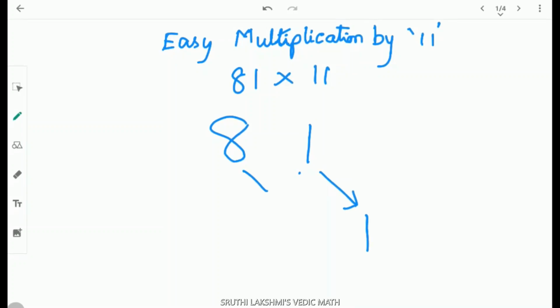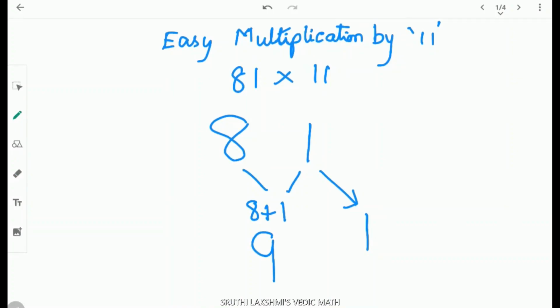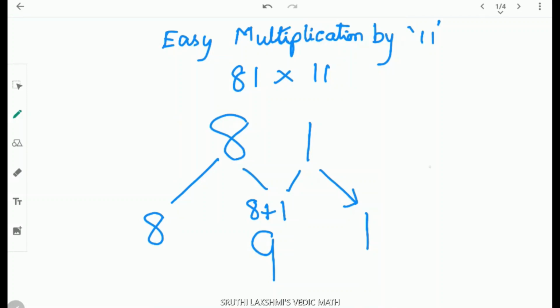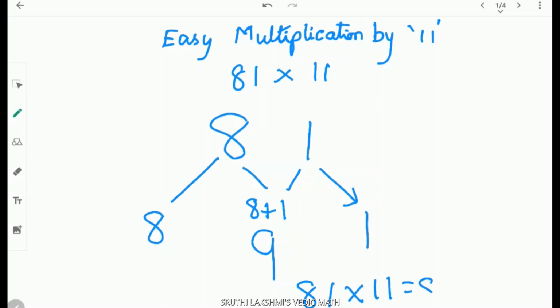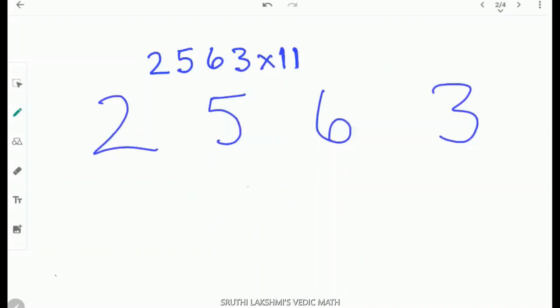Next, add 8 plus 1, which is 9. Write 9 over here. Next, write 8 as it is. The answer for 81 times 11 is 891.